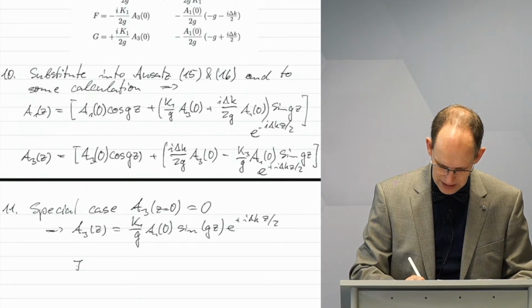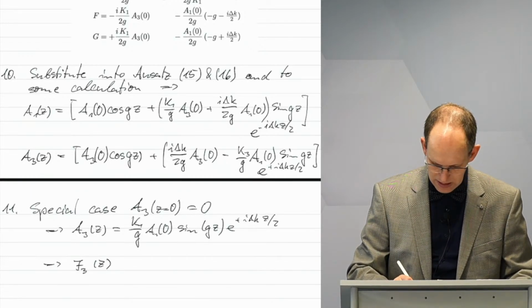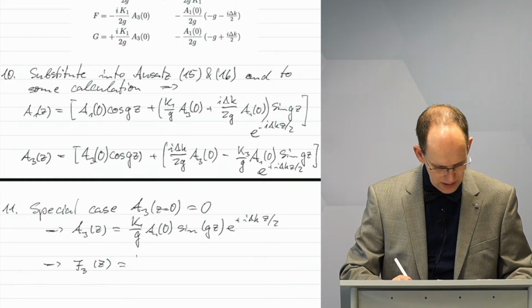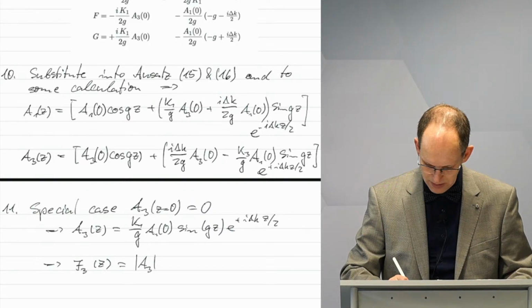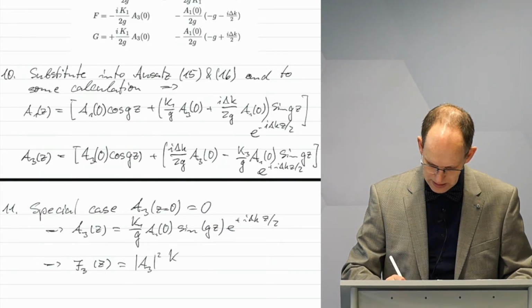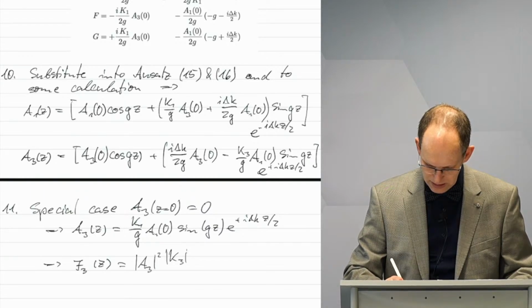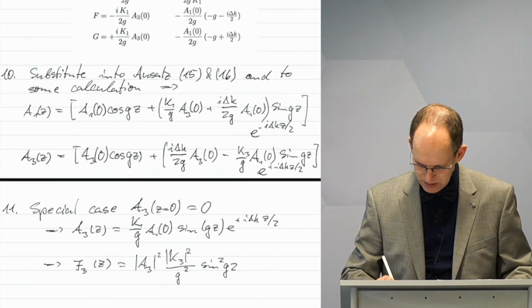And for the intensity, this means that we have the amplitude squared of A3, and then K3 squared divided by G squared times the sine squared of G times z. Yeah?